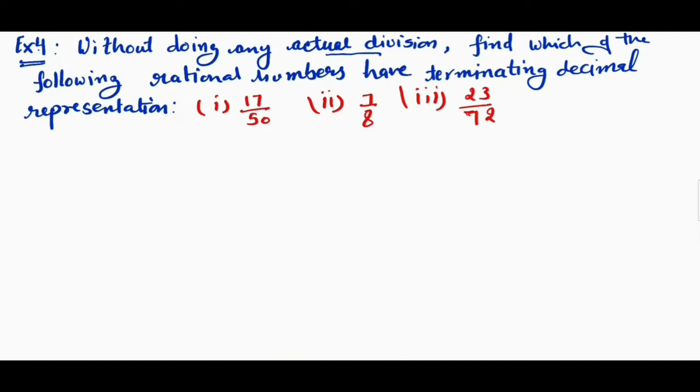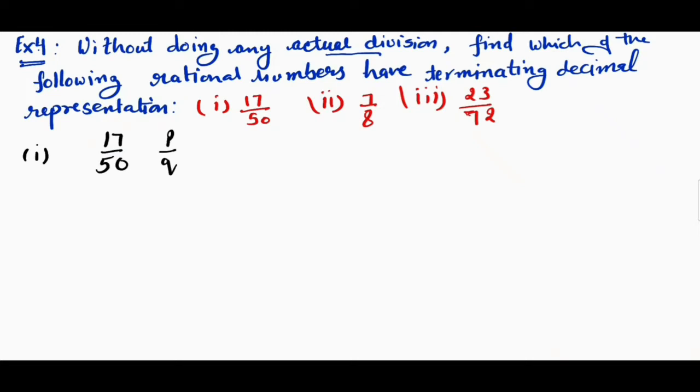Okay, we have to show which of these rational numbers have terminating decimal representation. So first we'll check with first question. Here we have 17 divided by 50. See, the P here is 17 and Q here is 50, correct, and Q is not equal to 0 and 17 and 50 have only one common factor, that is 1.